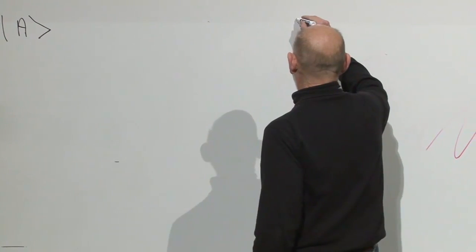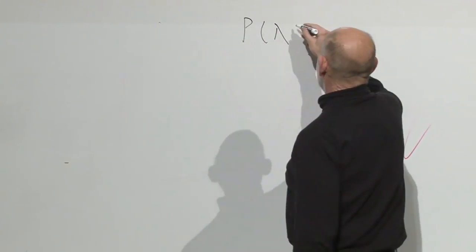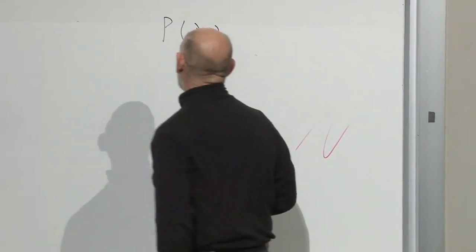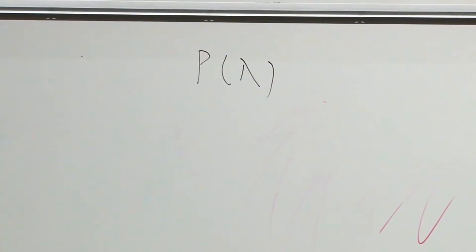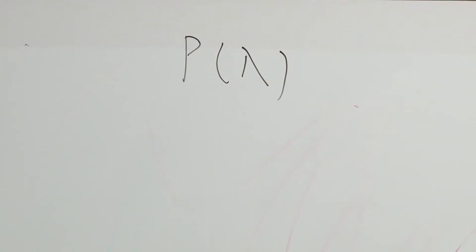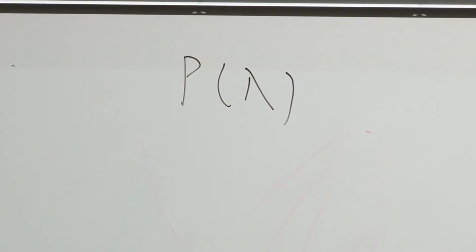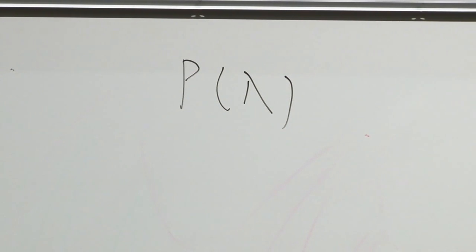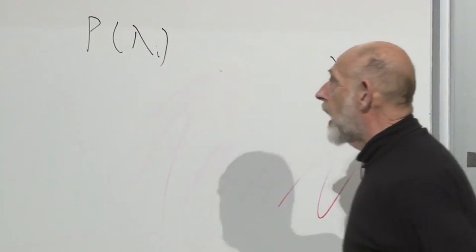We're going to measure an eigenvalue of L. Supposing we have a probability for lambda, and lambda can take on a whole bunch of different values, lambda sub i, let's call them. So this becomes the probability for lambda sub i.